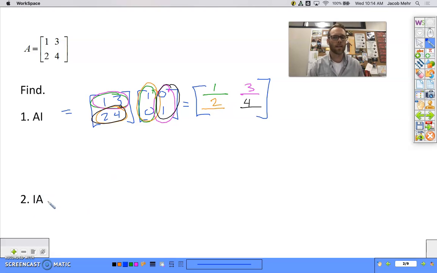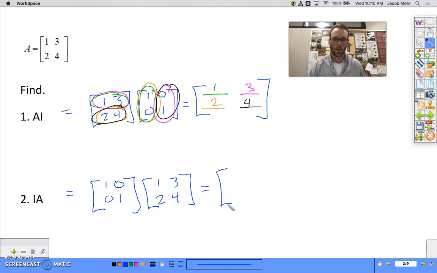What if we take the identity times A? What if we switch the order? We saw before that the order that we multiply matrices matters. So what happens if we switch this and we go 1, 0, 0, 1, the identity matrix in front, then times matrix A? Okay, I'm not going to do all the colors and everything. I'll just talk through it.